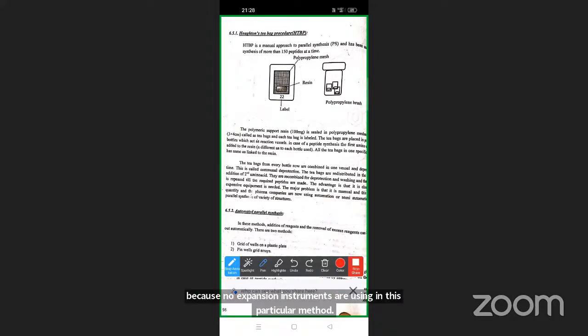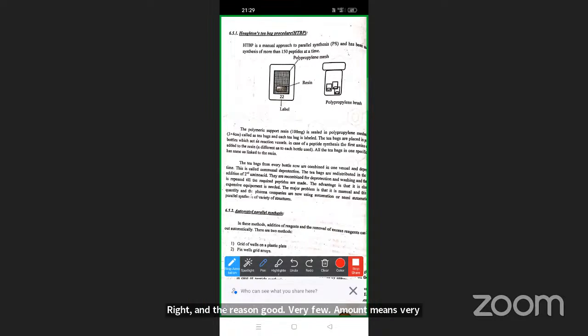Only simple polypropylene sheet and polyethylene bottles are used here. And the resin bead, only a very little amount, like 100 mg of resin bead, is enough for this reaction. That's why it is a very cheap and very easy method also.